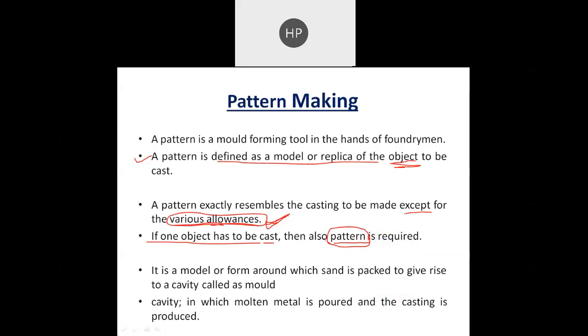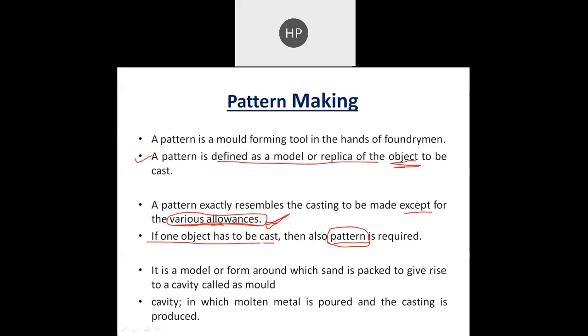Even if you want to make 1,000 pieces, you need a pattern, and if you want to make a single piece, you must have a pattern. The pattern is the first step for a casting, and if you have a wrong pattern, you will get a wrong product. That's why the pattern is a very important step for a casting process.